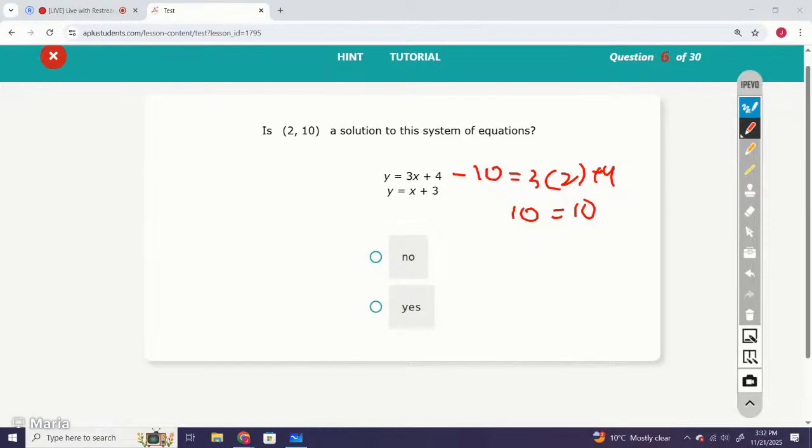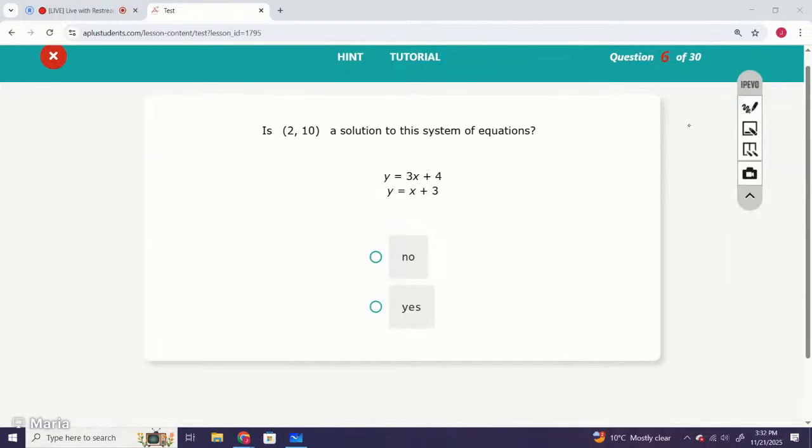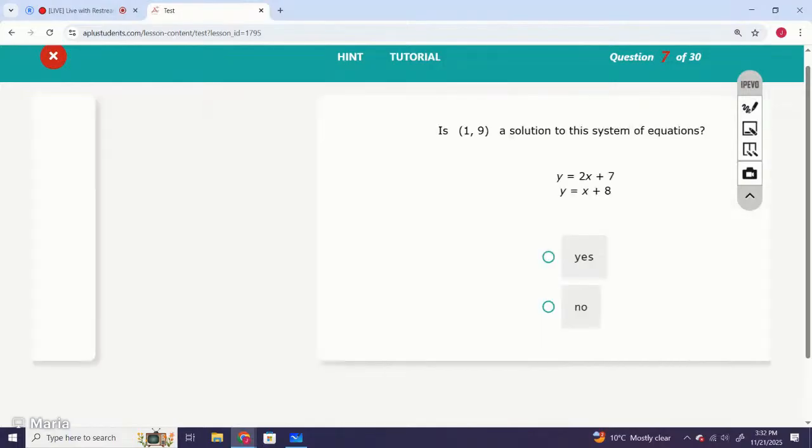Now look at the second one. y is 10, x is 2, so 10 is not equal to 5. So the correct option is no, the point does not satisfy the equations, right? The correct option is no.